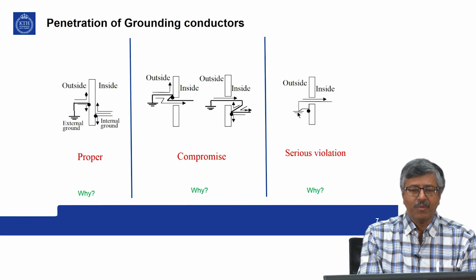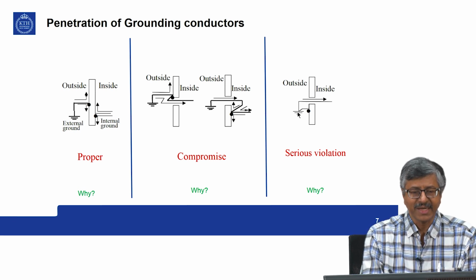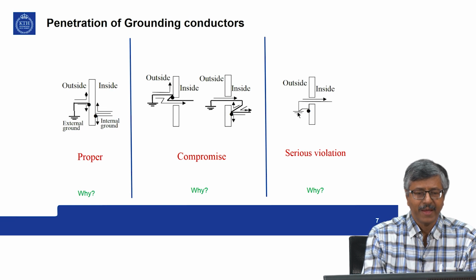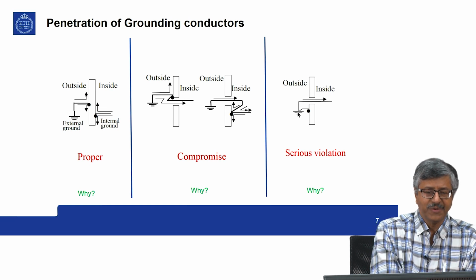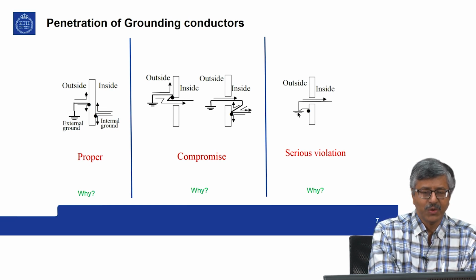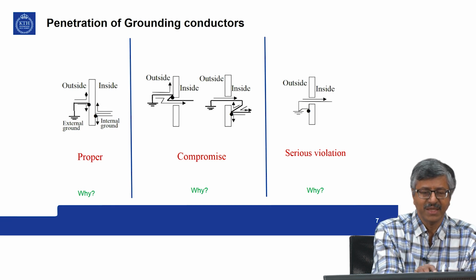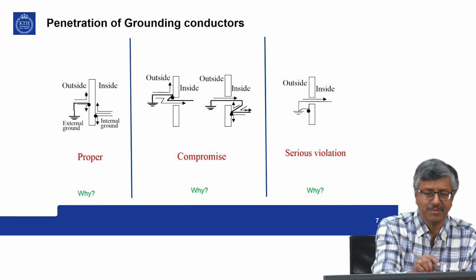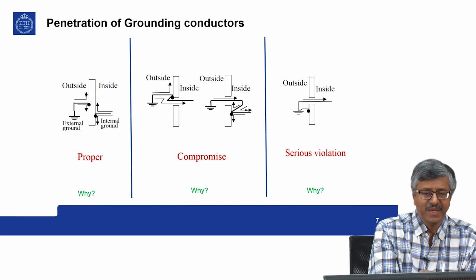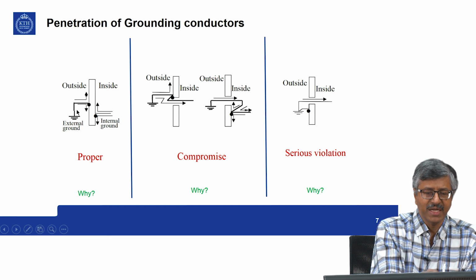What would be the best way of connecting grounding conductors? On the left side it shows the most proper connection. If this is outside and this is inside and this is the boundary, then internal grounds you terminate on the internal part of the sheet, and external ground you terminate on the external part.